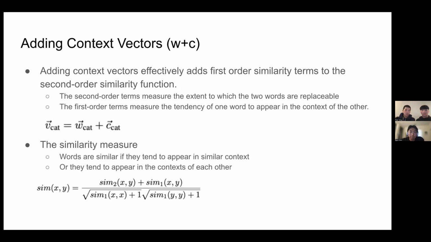And the first-order terms measure the tendency of one word to appear in the context of the other. The similarity measures are calculated with the equation below, and words are considered similar if they tend to appear in similar contexts, or in other words, they tend to appear in the context of each other. And this technique is not applicable for PPMI, but all other three.